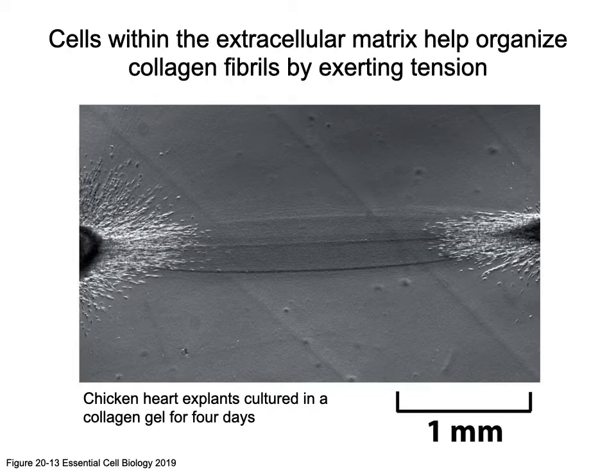So as I mentioned, the cells that are found in the connective tissue are going to help to align the extracellular matrix, those collagen fibers, so that they can provide the most support, so that they can deal with the tension, the shifting, the movement of the tissues. I've mentioned this before when we were talking about the gut.